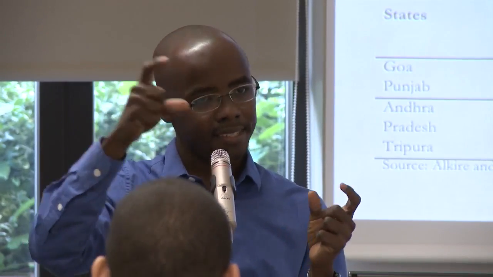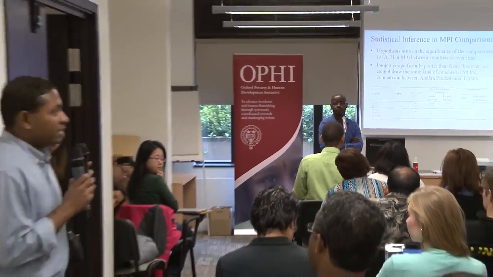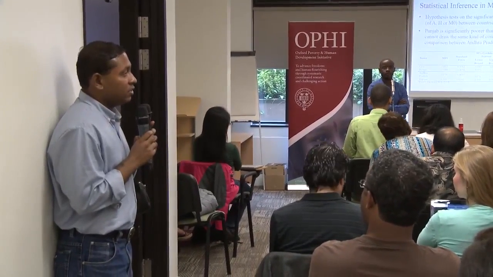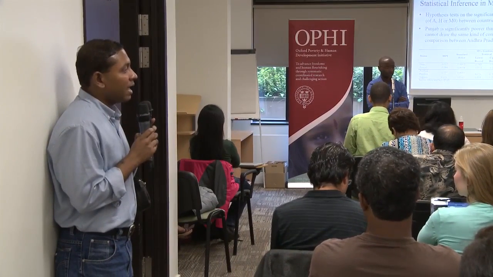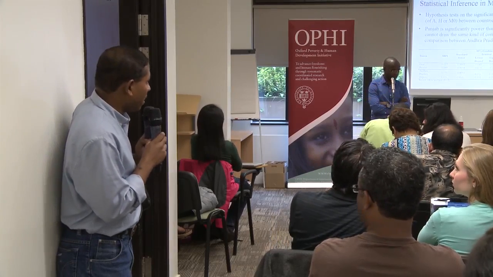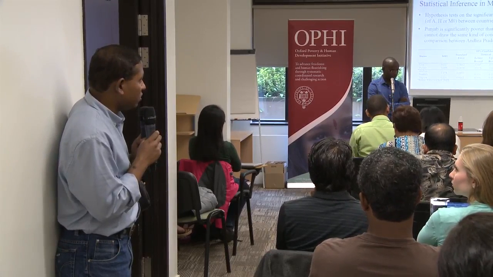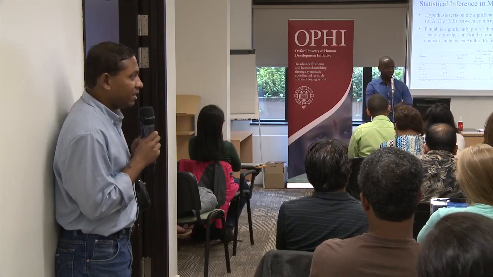So if you do all these adjustments, you can tell that finally this difference in absolute terms is high, but in statistical terms, which is relative, it is not high. The main idea is that when you get a point estimate, it is not necessarily equally reliable across all regions. For Goa and Punjab, it is probably much more reliable with lower standard errors, and so you get the statistically significant difference.